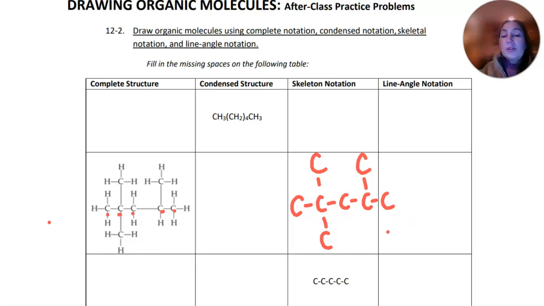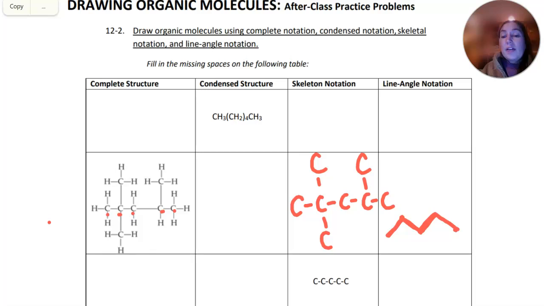I'll do carbon 1 as my point, carbon 2 up, carbon 3 down. It's like my upside down V. Carbon 4 up, and carbon 5 down. So I have 1, 2, 3, 4 lines for my 5 carbon chain.